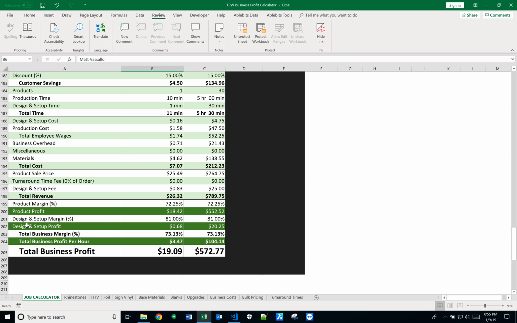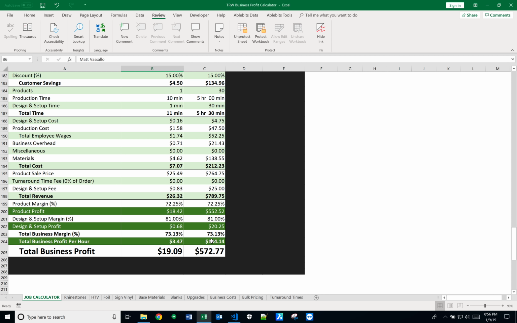So what's the conclusion? Well, our product margin was 72.25%. Our profit was $552.52 for the job. Our margin for the design and setup fee was 81%. If you wanted to combine both of those, well, the design and setup profit was $20, and the total business margin with that together is 73.13%.